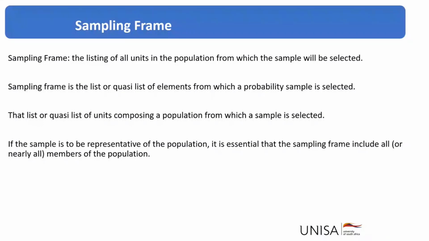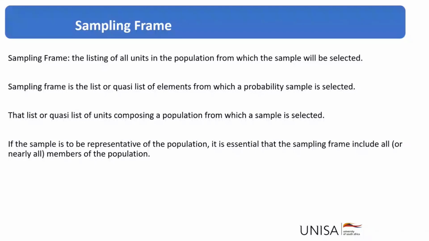Then when I look at the sample, I should be able to see the entire population. The sample mirrors the total population. You look at the sample and you know this is what the total population looks like in real life. That's what it means.